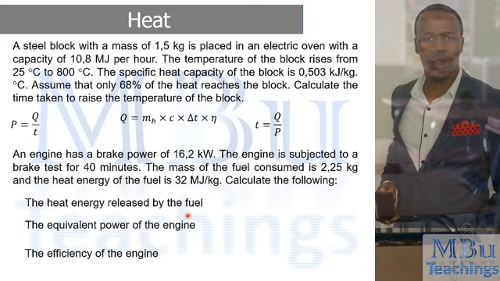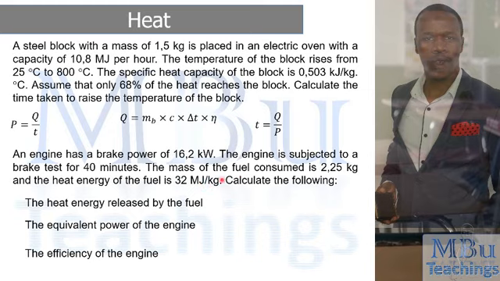Alright, so let's move. They want us to get the heat energy first. What do we have? The mass of fuel consumed. That means we have the mass of the fuel, and we have the heat value of this fuel.